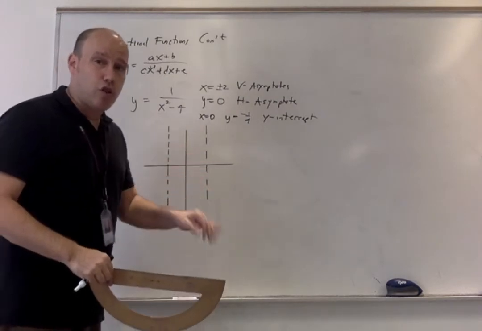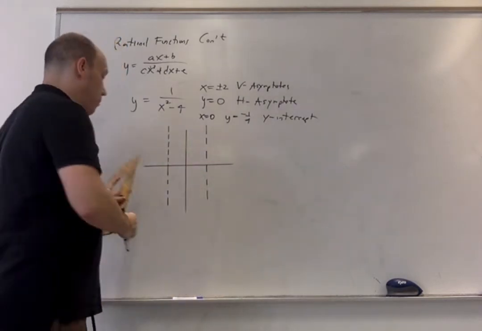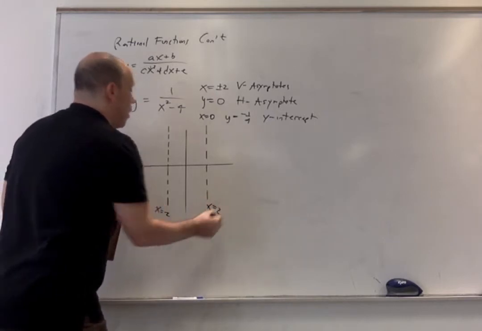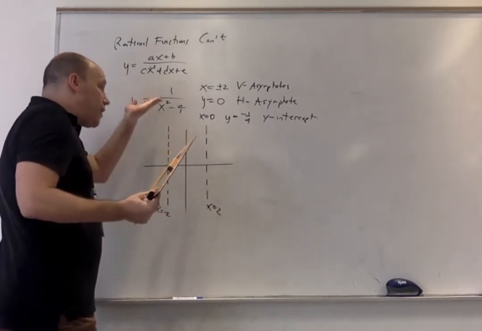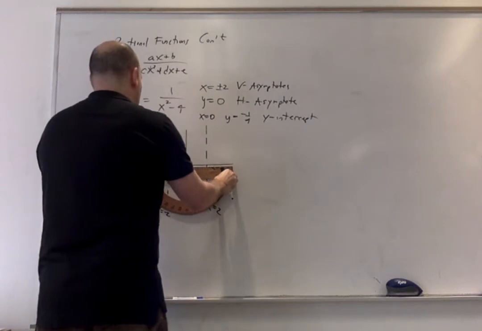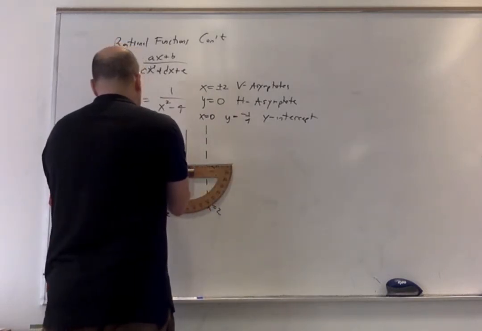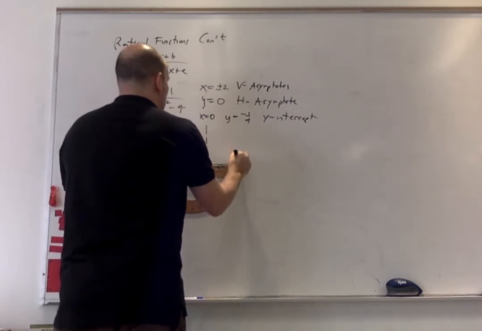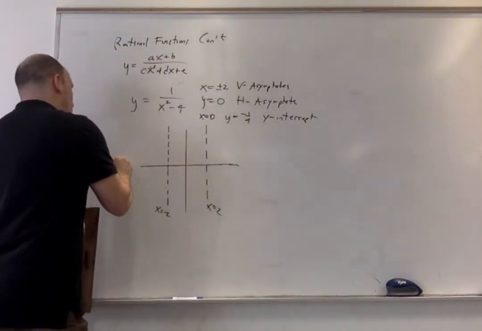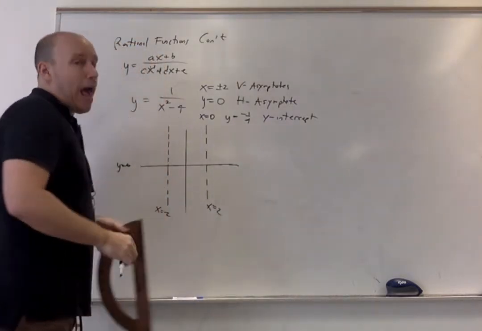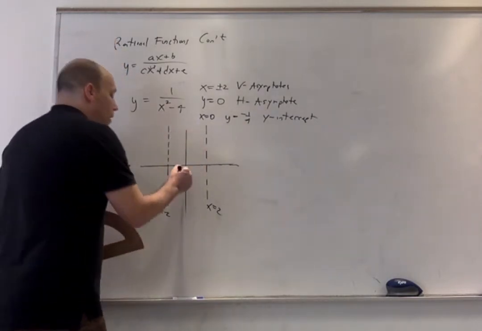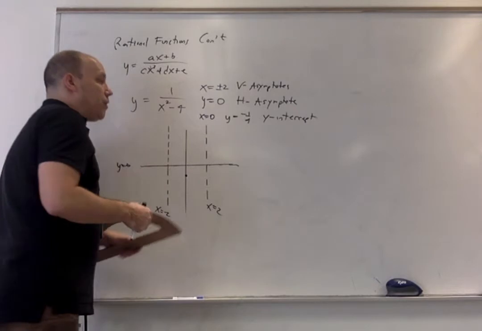Any graph question, you can use a pencil. Let's see, x equals negative 2, x equals 2. Okay, I also know for this fraction, it's never getting to 0. Adding the infinities. So y equals 0 is also an asymptote. It's a horizontal asymptote. I also know that negative 1/4 is a y-intercept.